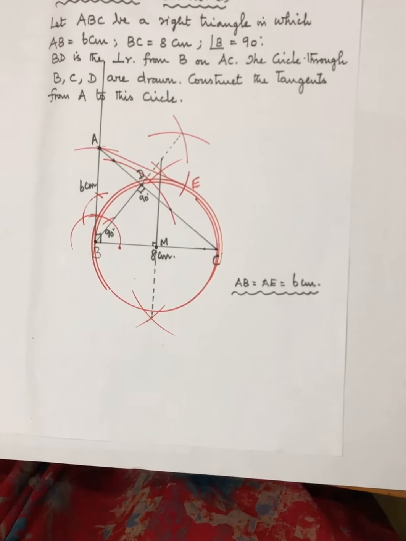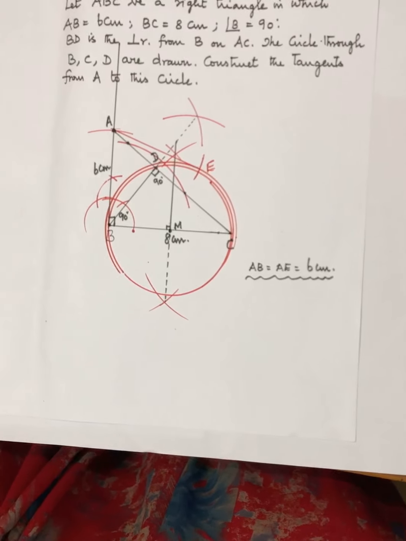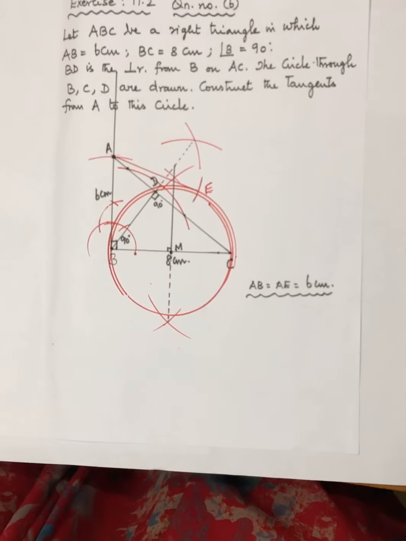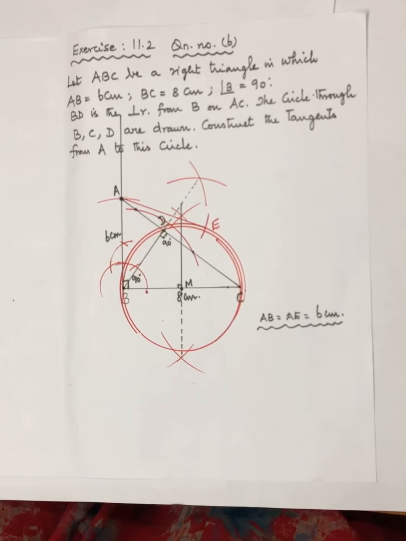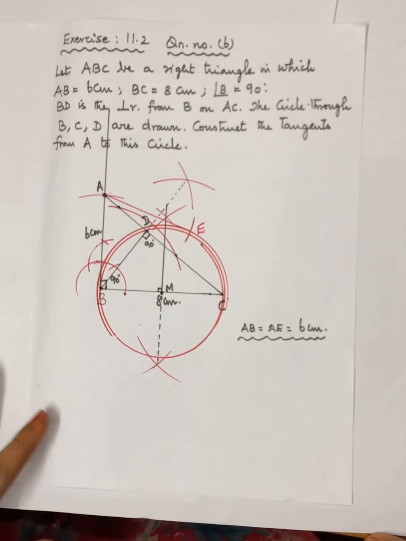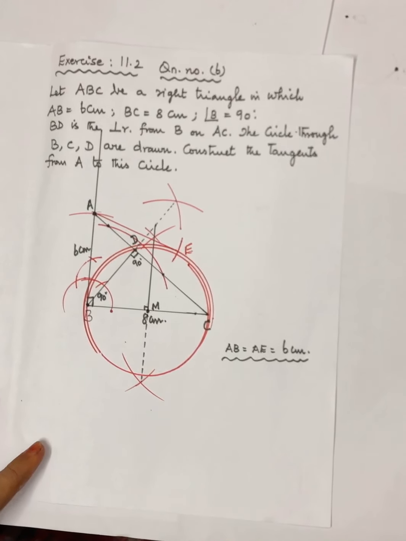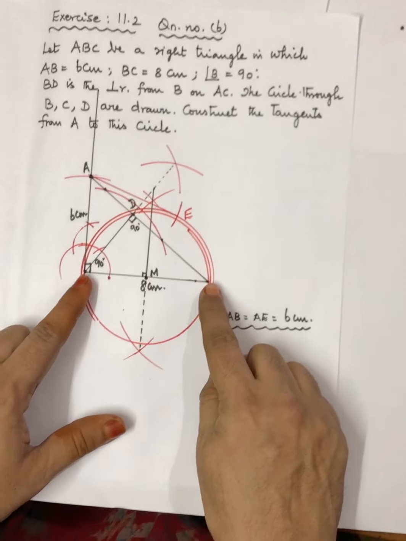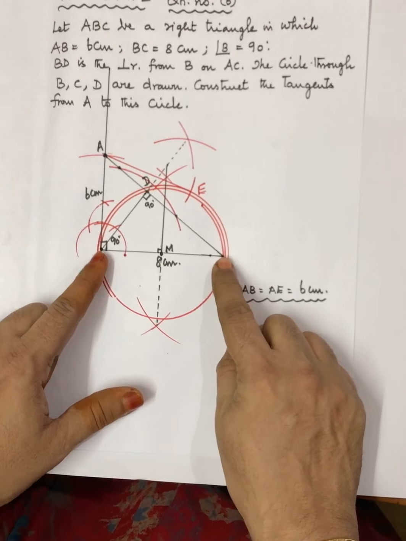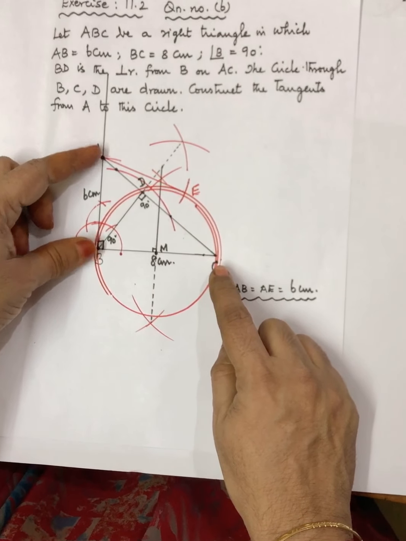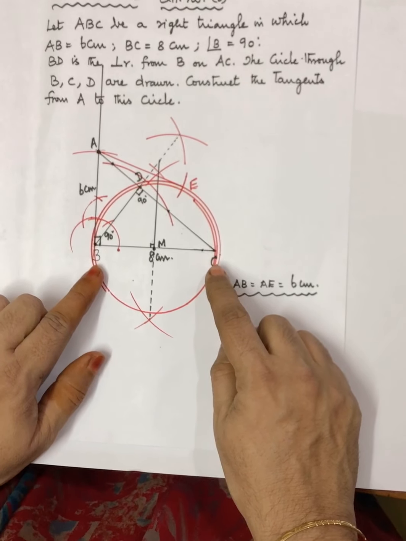Now, I will just repeat all the steps one by one. First, you have to construct a right triangle ABC in which base BC is equal to 8 centimeter and the side AB is 6 centimeter with angle B as 90.